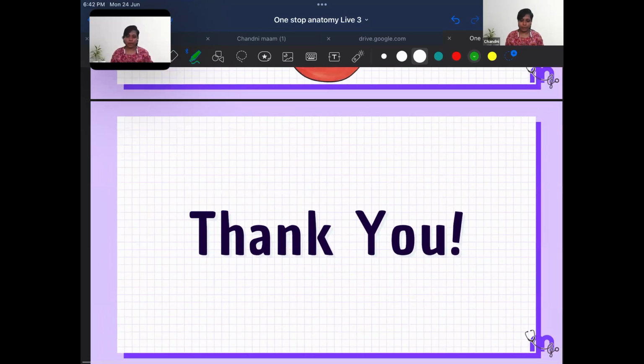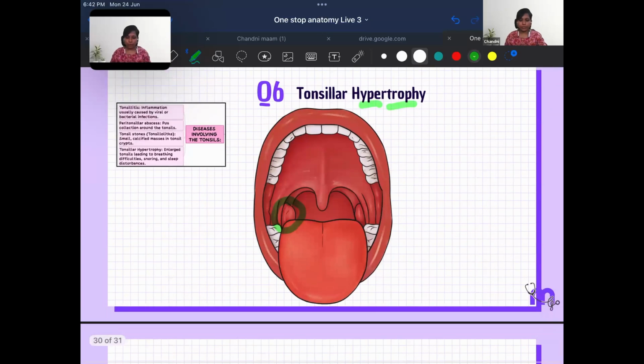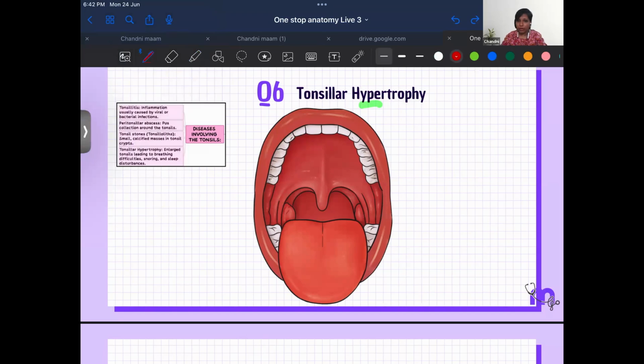If you had to draw, I would recommend that you draw this picture in your paper. If you have to say tonsilloliths, just put some white dots on it. And if you want to say hypertrophy, you draw this outline and you make one bigger. If you want to talk about the boundaries, the tonsillar fossa is also a 2-mark question.